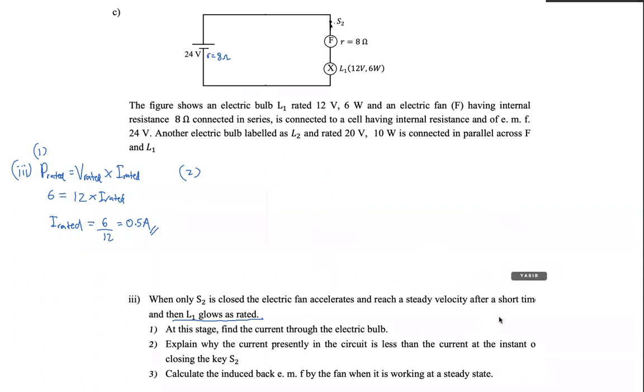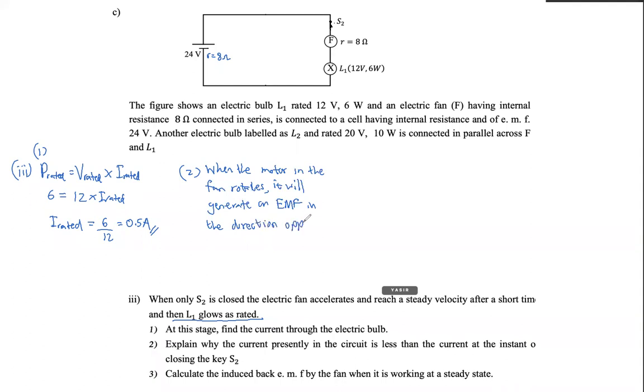Back EMF means when the motor in the fan rotates, it will generate an EMF in the direction opposite to the direction of the existing battery, opposite to the direction of the main power source battery.